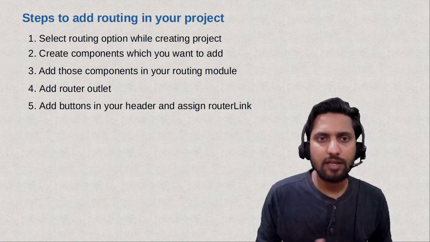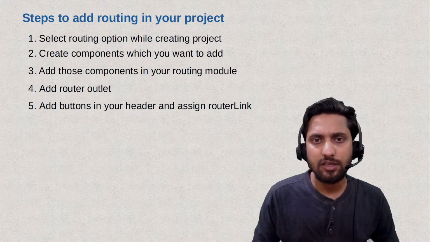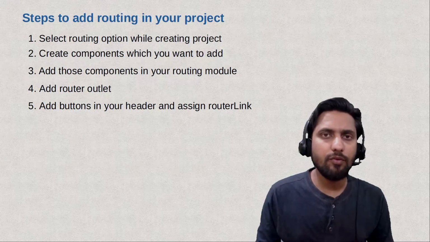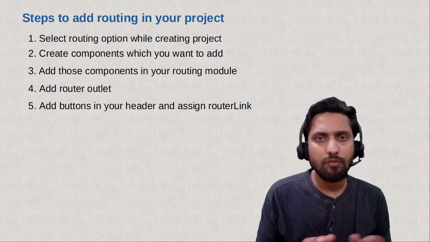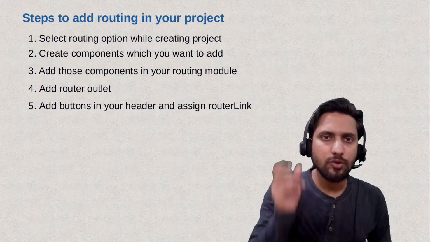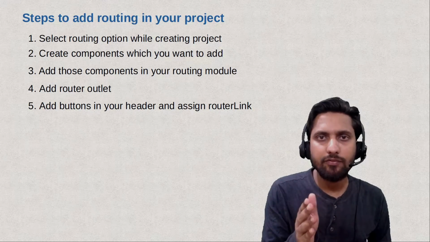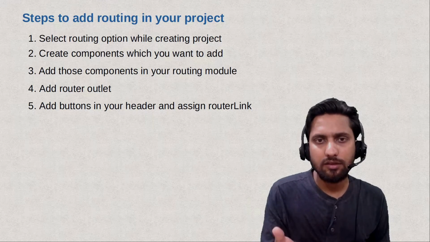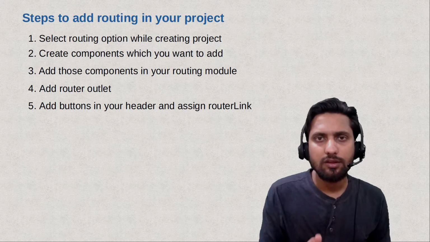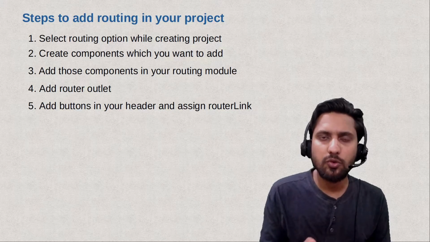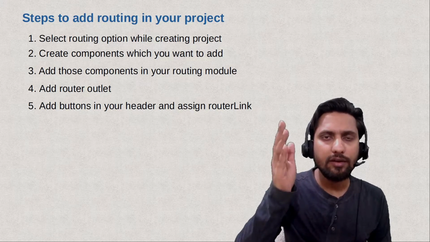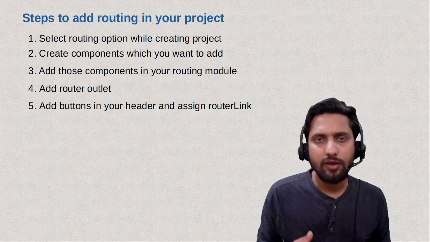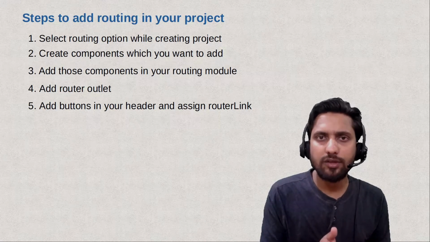In the fifth and last step, we are going to add buttons in your header and assign router link. We can navigate from one component to another through a link. If we write /home, then after implementing that routing, Angular will switch us to the home component. If we write /about us in the URL, then Angular will take us to the about us component.